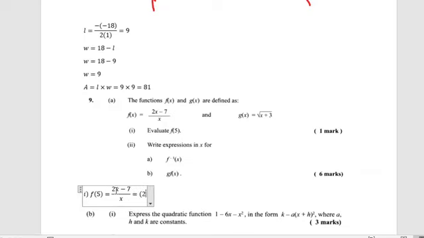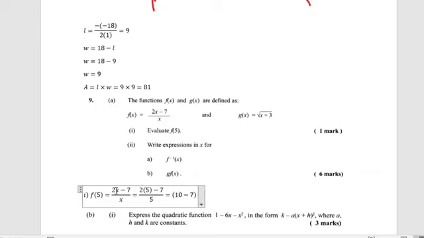So it is (2 multiplied by 5 minus 7) all divided by 5. 2 multiplied by 5 is 10, so it is 10 minus 7 divided by 5, and 10 minus 7 is 3, so it is 3 over 5. So f of 5 is 3 over 5.